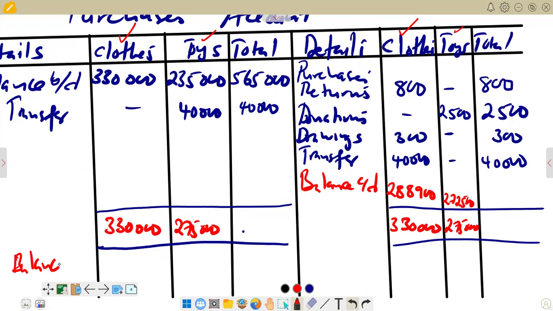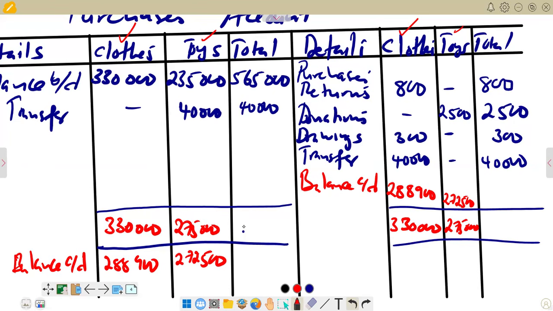Then obviously these figures are also going to come as our balance BD on the opposite side below the double lines. So remember we have 288,900 for clothing, and also we've got 272,500. So this is what we have, and then we can add to get the totals.